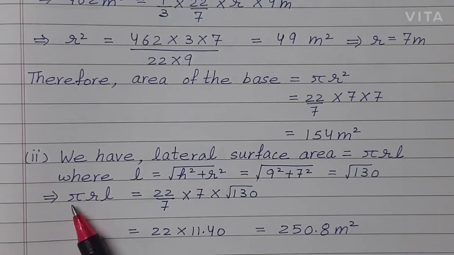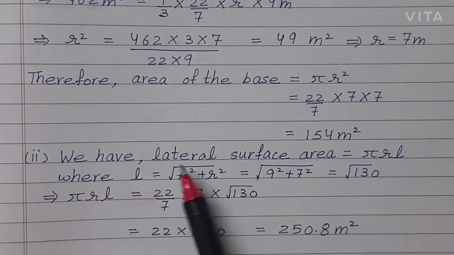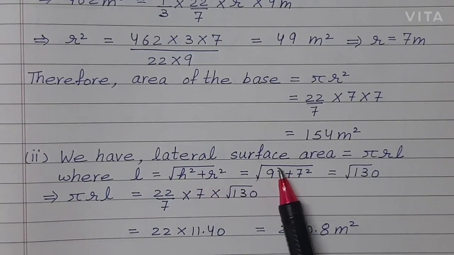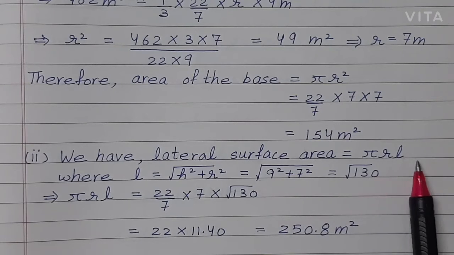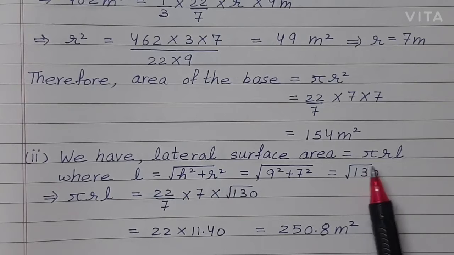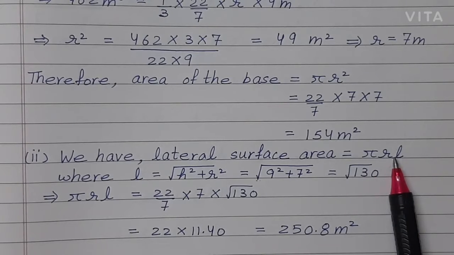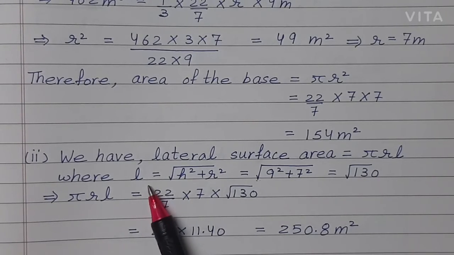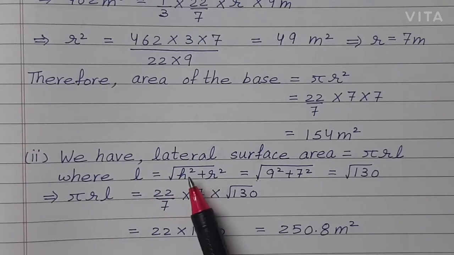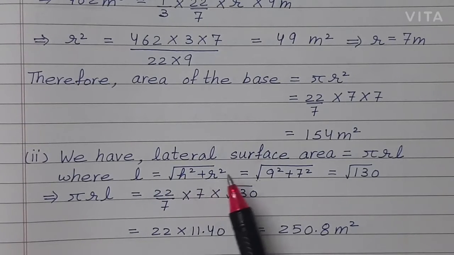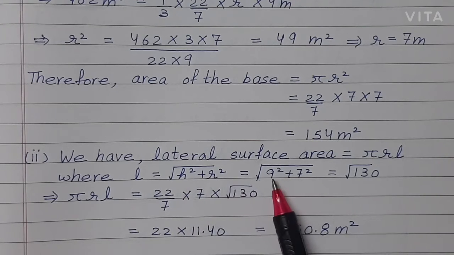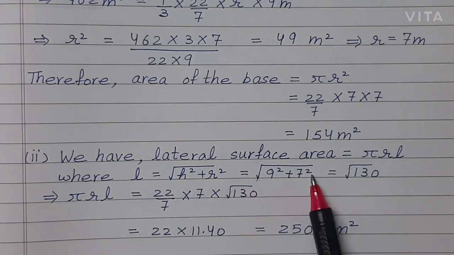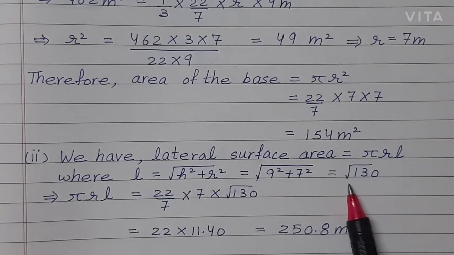Now let us see the second part. In the second part, we have lateral surface area as pi r L. Since L is not given, what is L? The slant height. So L is under root height square plus radius square, that is 9 square plus 7 square, which is equal to square root 130.